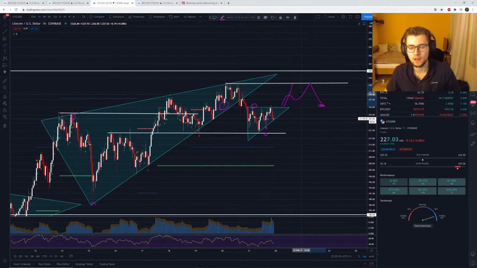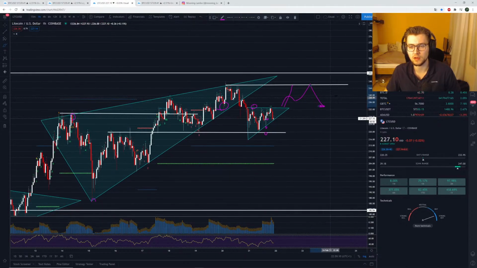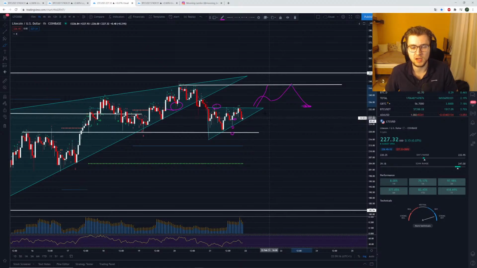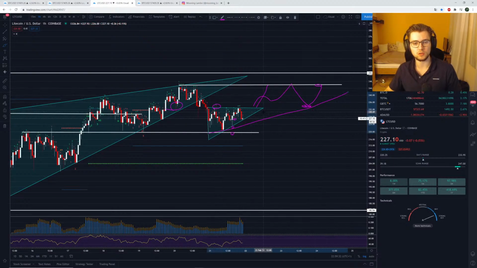So I will take profit once we reach 245 most likely. Then I will re-enter if we see this playing out the way I just described, in order to see a back test of 45, and then again to 253. I mean 233. I think this could be a very nice trading opportunity, and then we will see a bigger ascending triangle, which could be looking very nice.